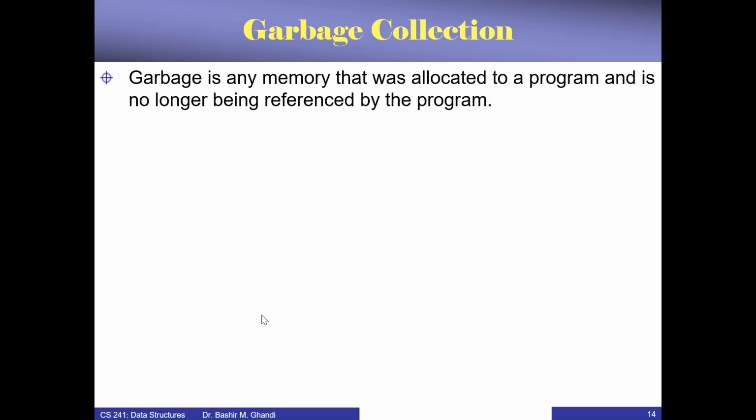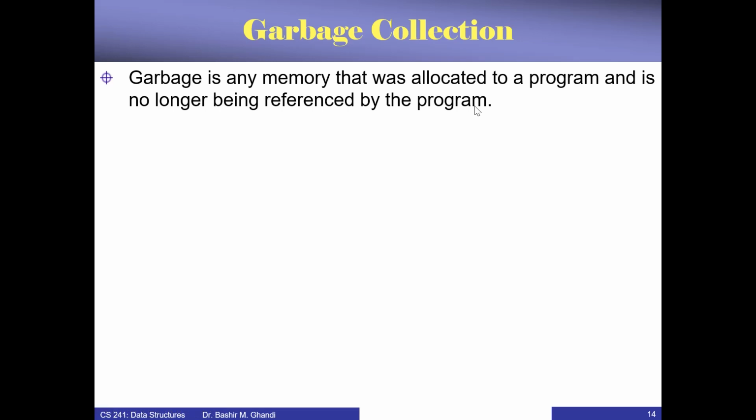The final topic we discuss is garbage collection. All right. So first, what is garbage? Garbage is any memory that was allocated to a program and is no longer being referenced by that program.